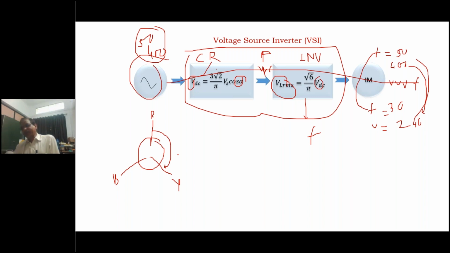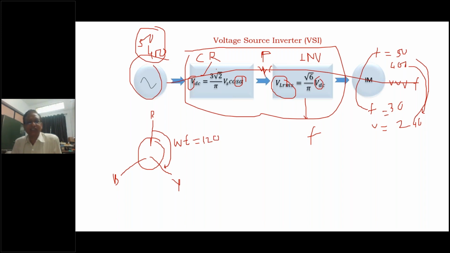Fluxes are alternating, changing sinusoidally, 120 degrees apart in the time frame. The winding axes are placed on the core of the induction motor, and in terms of space they are 120 degrees apart. Omega t equal to 120 degrees apart in space.